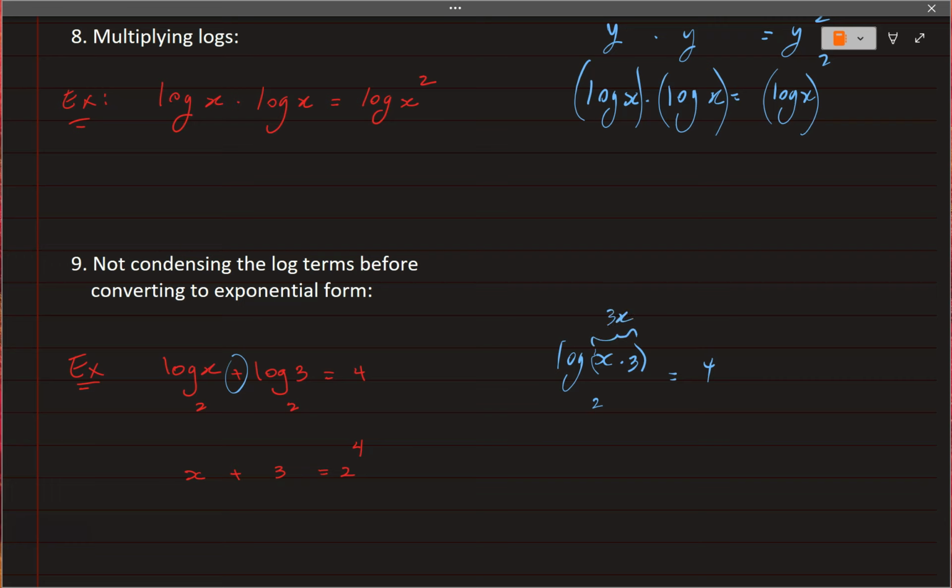Okay, so now that you have that, you get 2 to the 4 is equal to 3x. And then from this point on, you go ahead and solve, divide both sides by 3, basically in this case, and you solve for x. But you cannot do this without putting the two log terms and condensing them into one term and then changing the form to exponential form.